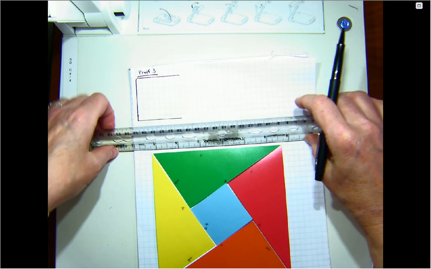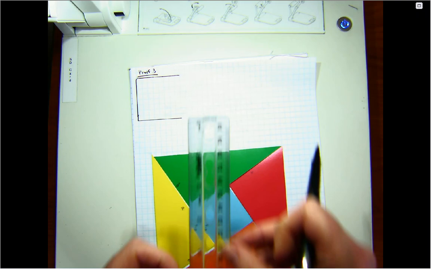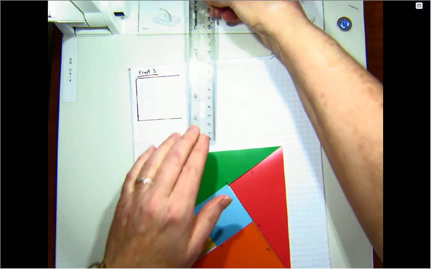We're just making a square, and we're copying into the square the shape that we've made with the Pythagorean cutouts. I'm making mine 8 by 8 if you would like to match, or you can make a different size.